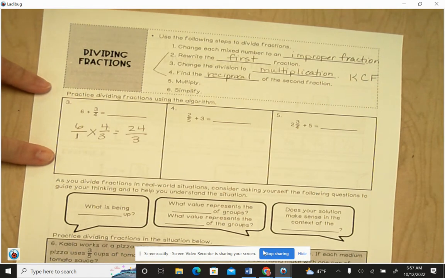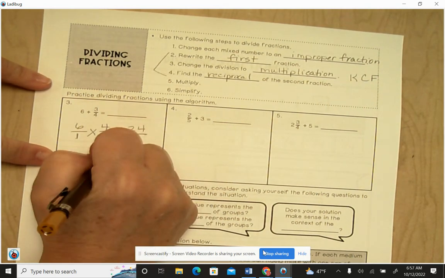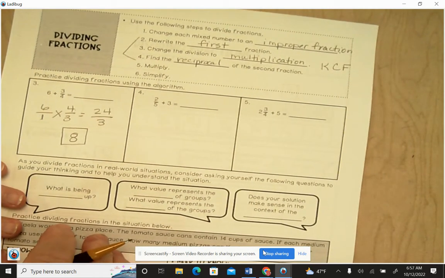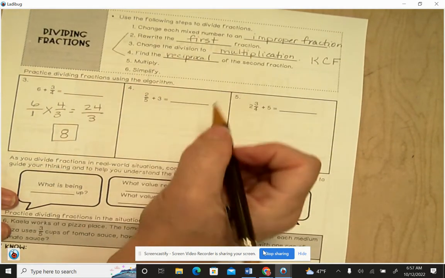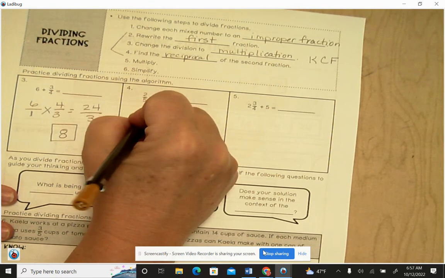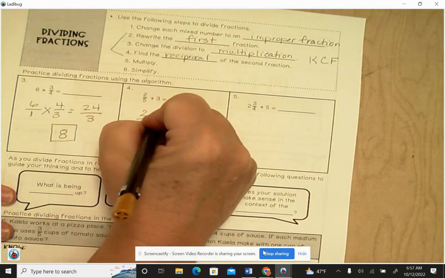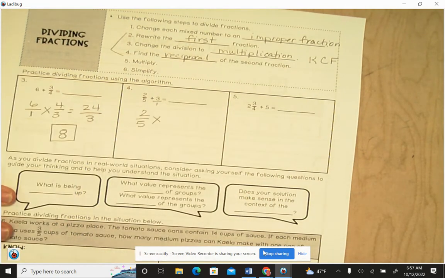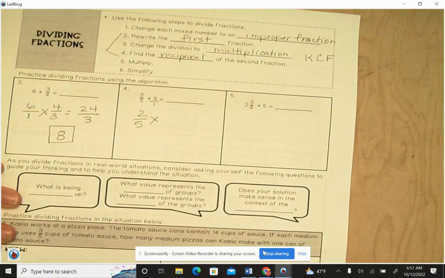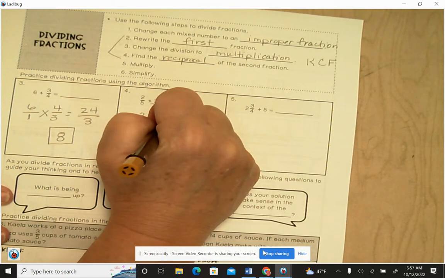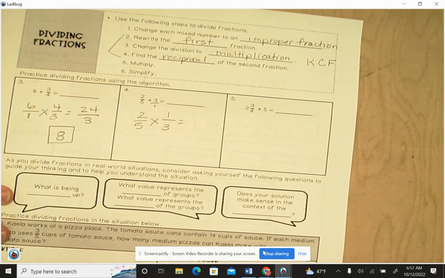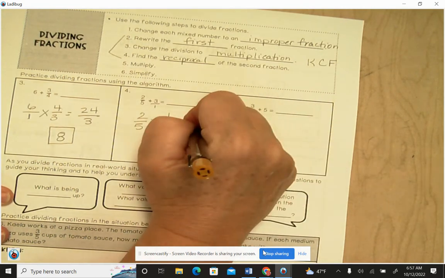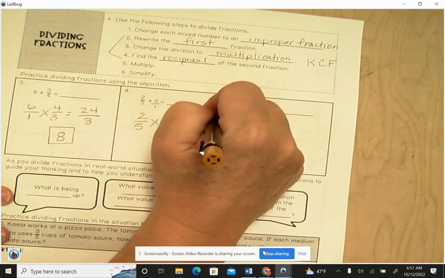And 24 divided by 3 is 8. Number 4, we're going to keep the first fraction, it's 2/5. Change the division to multiplication. Whole numbers go over 1, so we're going to find the reciprocal of 3/1, which is 1/3. 2 times 1 is 2, and 3 times 5 is 15. And that won't simplify any lower.